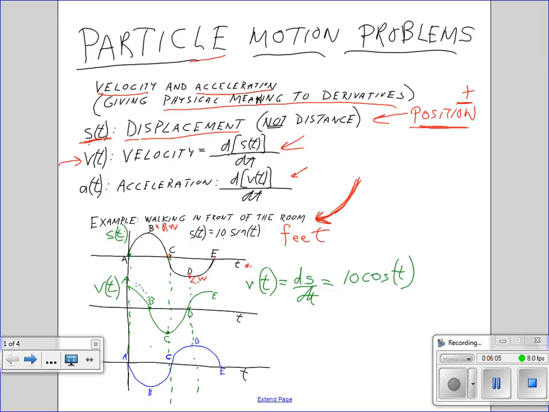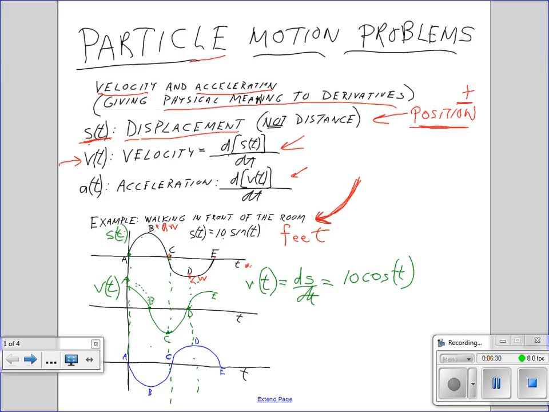And what happens to my velocity? It's 0, because I'm turning around and going to point E. So notice I start at A, moving pretty fast as I start up. I go to B, stop, turn around, and go in the other direction. At C, I'm at maximum velocity walking to the left. At D, I hit the window, turn around, and then come back.